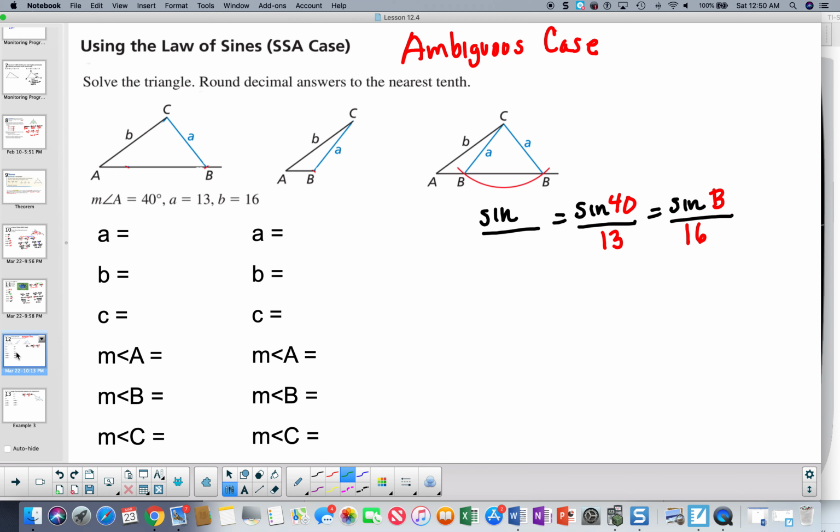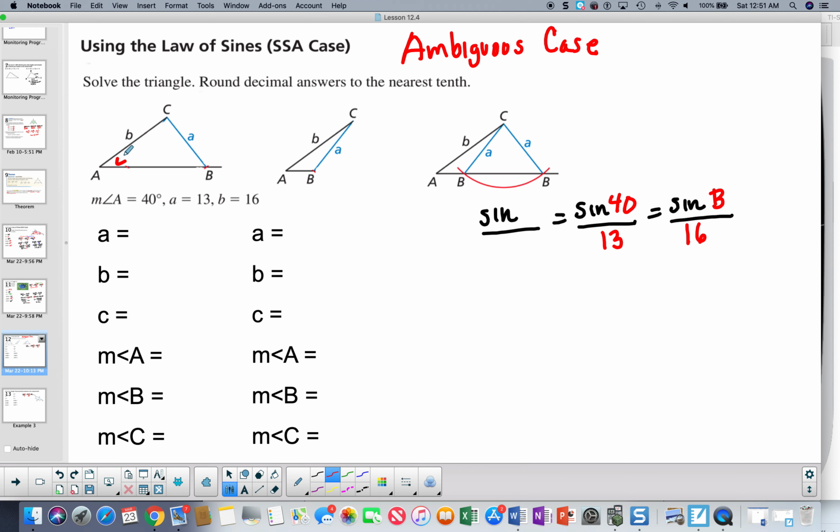Okay, and this is the last case, which is SSA, and SSA is called the ambiguous case because there's two answers. Instead of one answer, there's two answers. Okay, so let's take a look at this. We have angle A is 40 degrees.